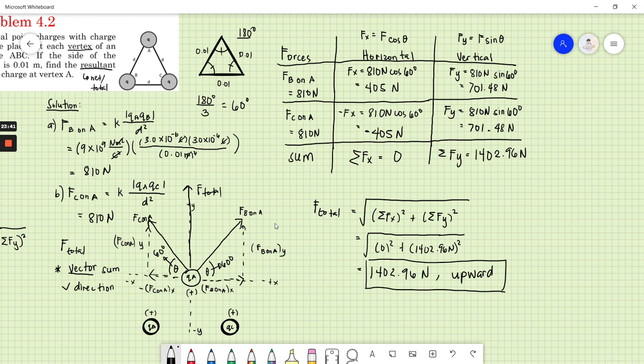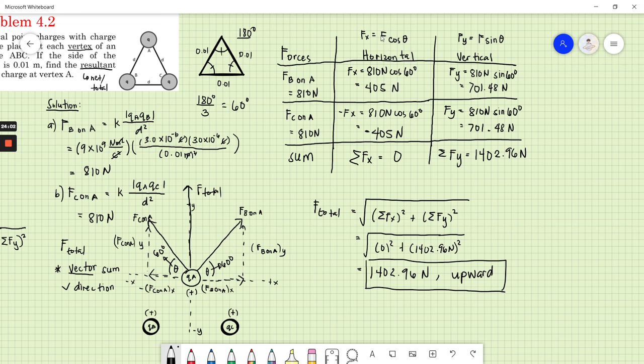So break down the components, find the y direction and the x direction for each of the forces. Then you have to solve for the horizontal and the vertical component. Horizontal component is basically the x component. Vertical component is the y component.